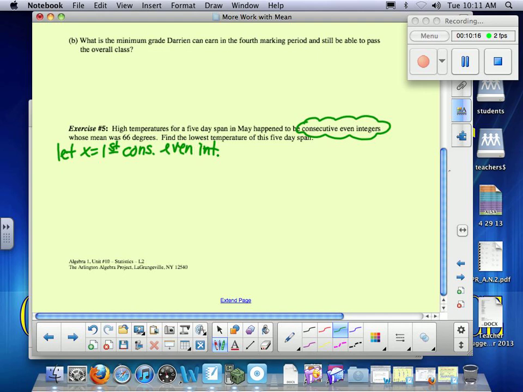X plus 2 is the next even, so that's our second. And now I need to get to the third. X plus 4. Is that the highest we need to go? Well, we need 5. We're only at 3. Let's keep going. X plus 6, x plus 8. All right.